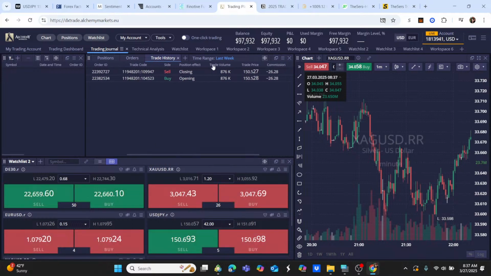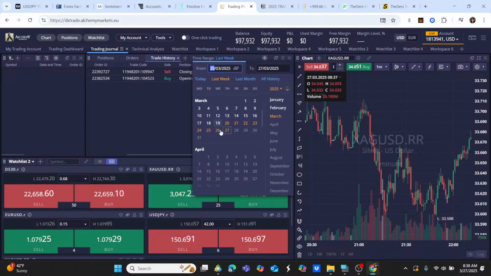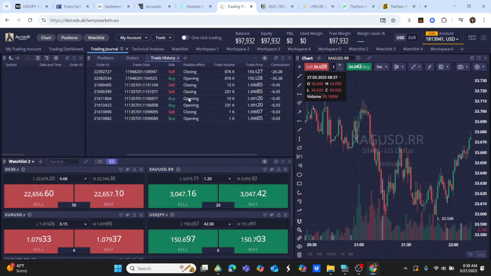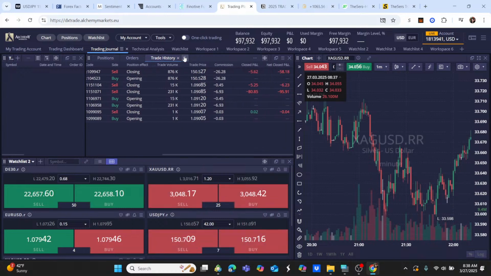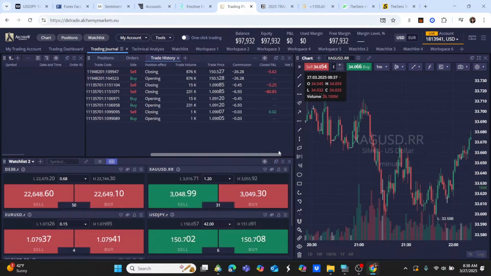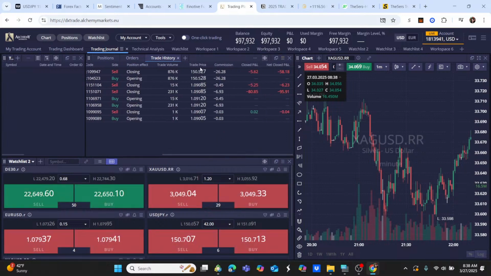Let me just go deeper into the trade history, so I can show y'all that everything that I've been saying has been accurate. So February, I didn't take any trades. Let's go into it. If we go to February, where is it? Oh, I adjust the date and time. How do I do this?